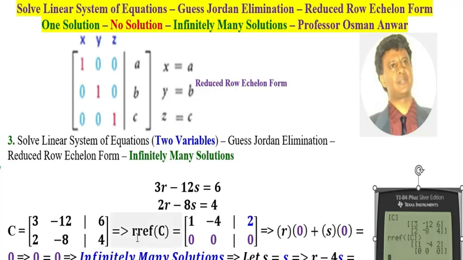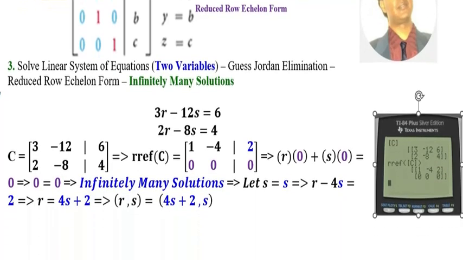And when we do RREF C, we get 1, 0, minus 4, 0, 2, 0. That means r times 0 plus s times 0 equals 0. That means 0 equals 0. That means infinitely many solutions.